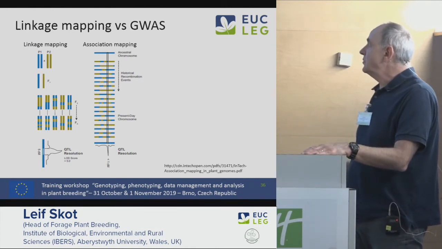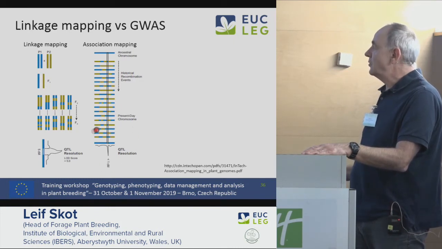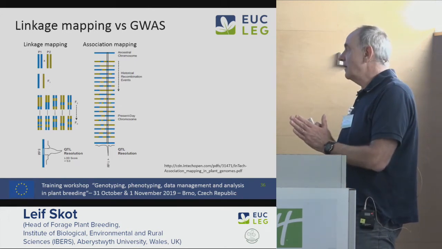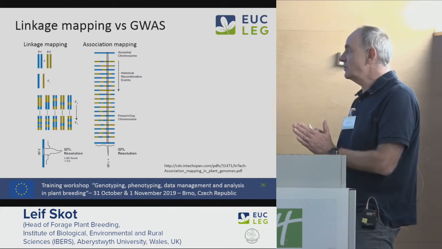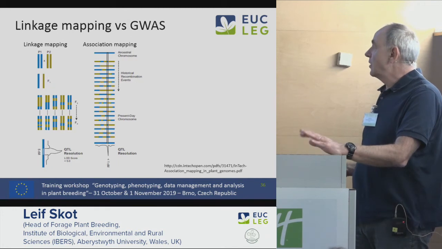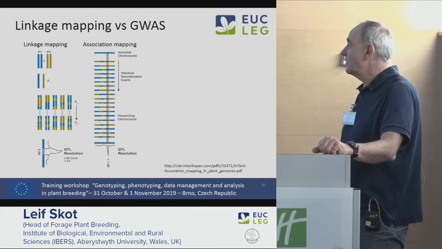So many generations ahead, you have the potential to take your population and get a very narrow region, so a very high resolution of your QTL compared to linkage mapping. That's the basic theory of it.